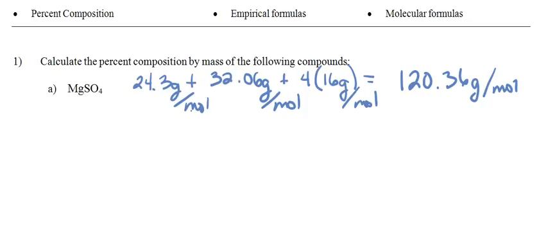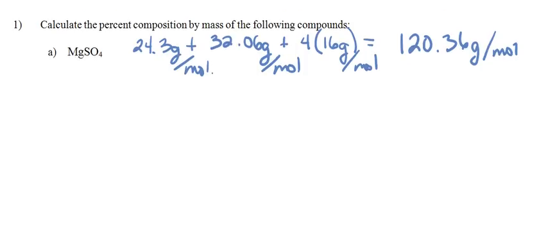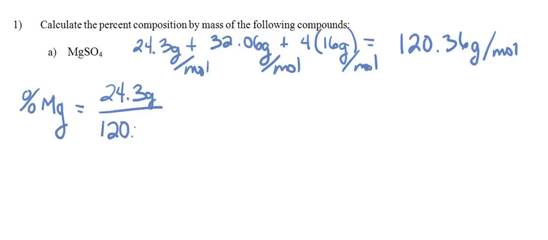All right, now that we have the total molar mass of our magnesium sulfate, let's find out the percent for each element. For the percent of magnesium, we take the mass that the magnesium has in magnesium sulfate and divide it by the total mass of the compound.